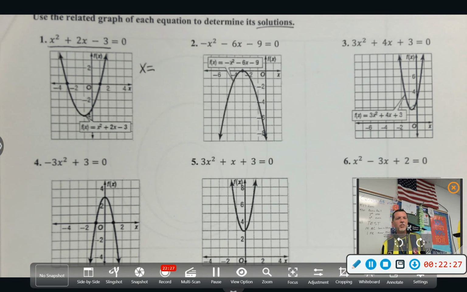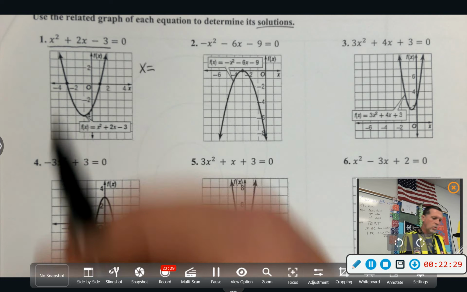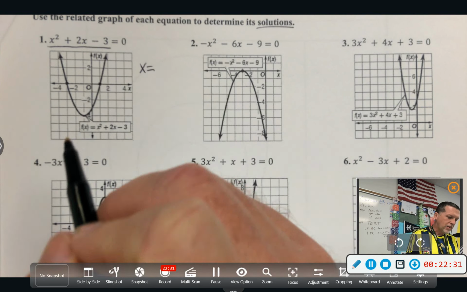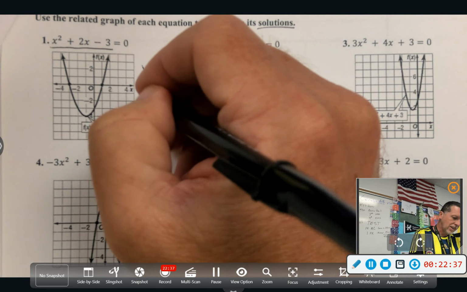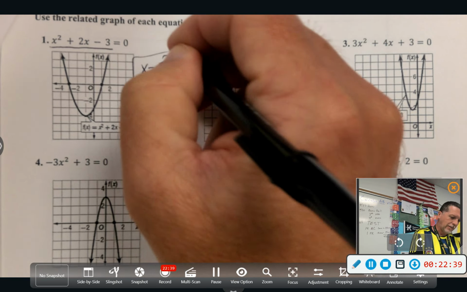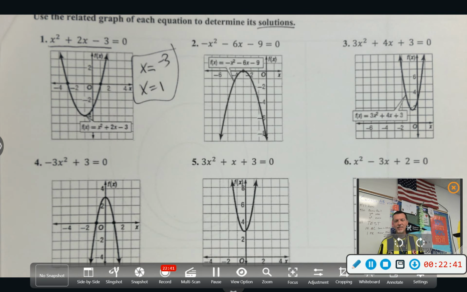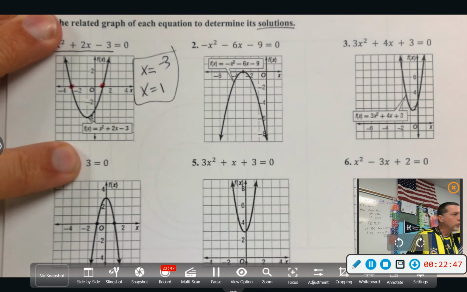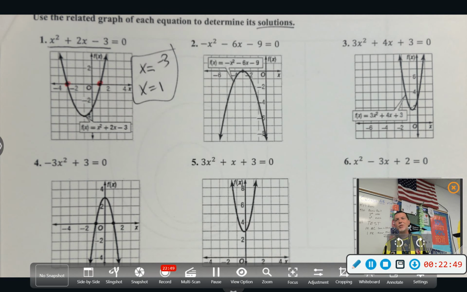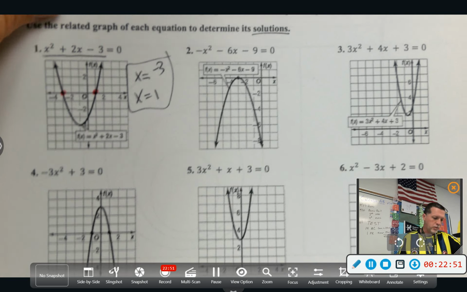Look at the picture, and what value of x makes the graph equal to 0? Negative 3 and 1. And you're like, what, that's it? Yep, that's it. It's just trying to get you to make that connection that these zeros are the solutions. So 1 through 6 is super easy. Just don't get confused by how easy it is.